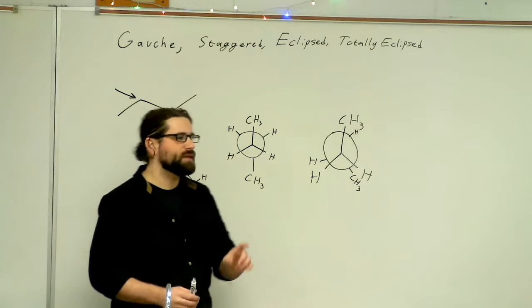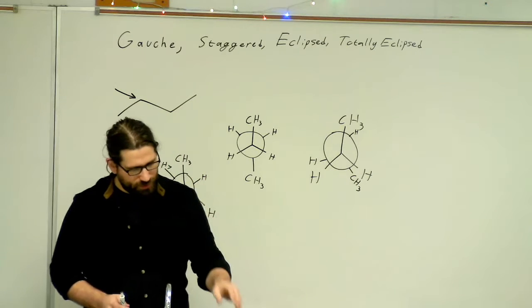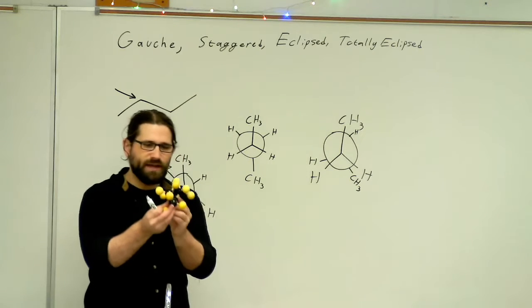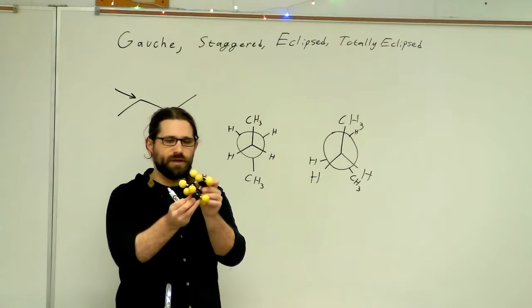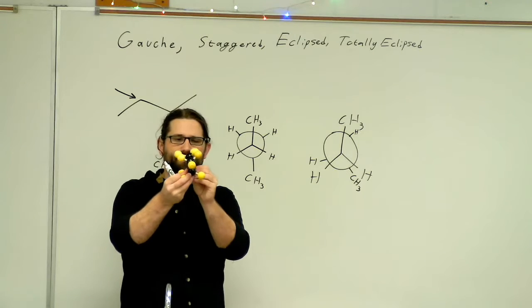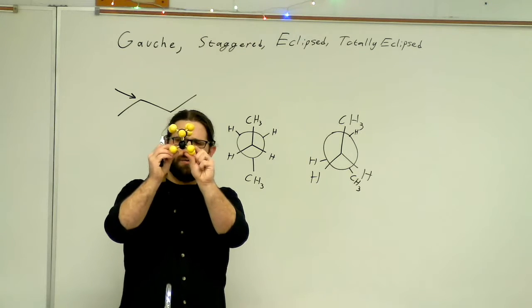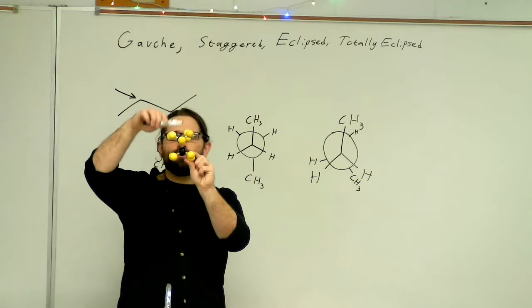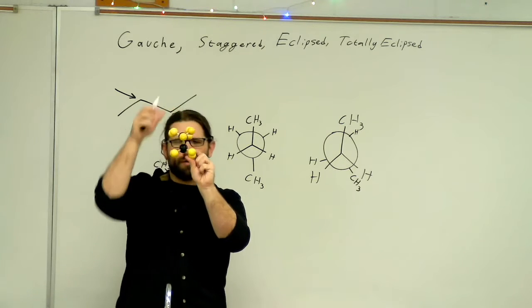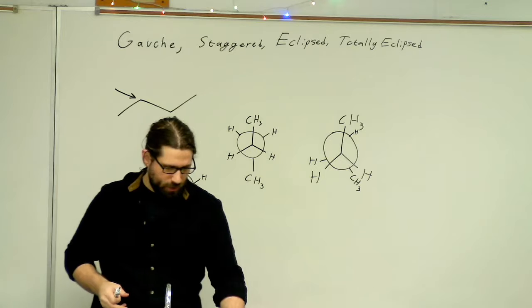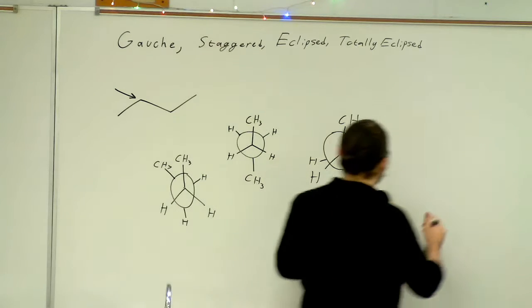But I want to take a look at the fourth type of conformation I could have here, and that's when these methyl groups get fully in line. You see, I can't even fully move the ball and stick model along it. So now my methyl groups are both pointing up. This is a lot of interference that's going on here. And so when I draw it this way, let's draw it right here.